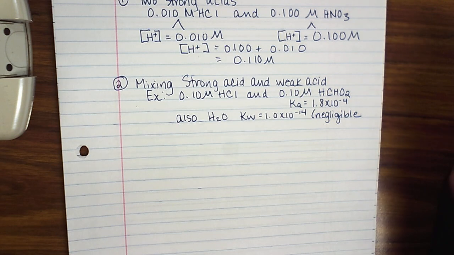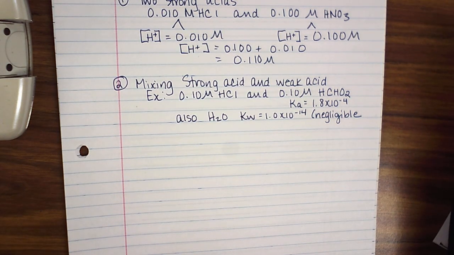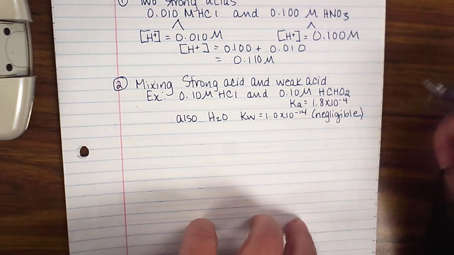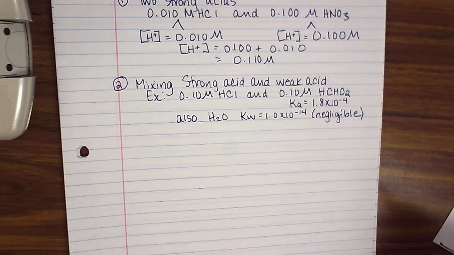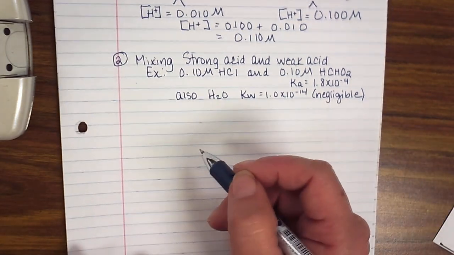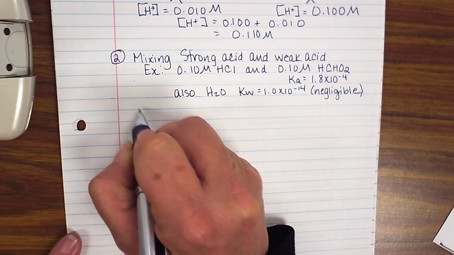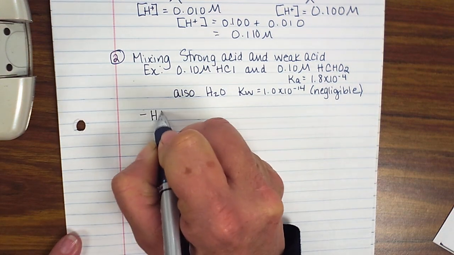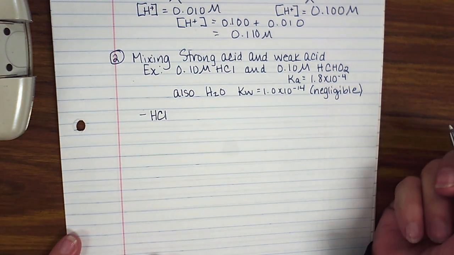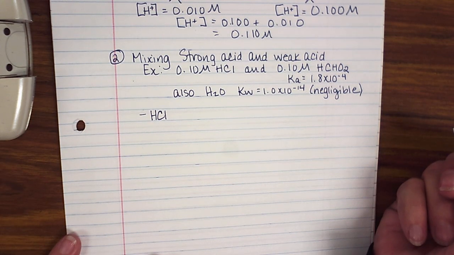We have to keep it in mind because there are H pluses coming from the water, so you always have to keep in mind that the water is there, because in some cases the water might be important, not so much in this case. So what happens here, and it's kind of interesting, is that the hydrogen in the hydrochloric acid actually sort of suppresses the hydrogen coming out of the weak acid.